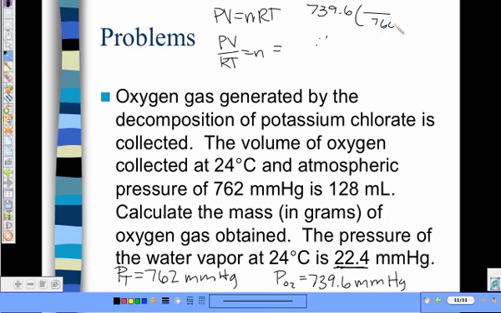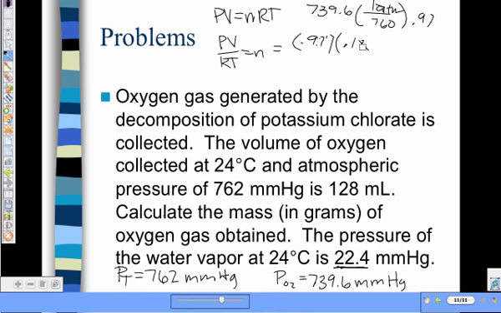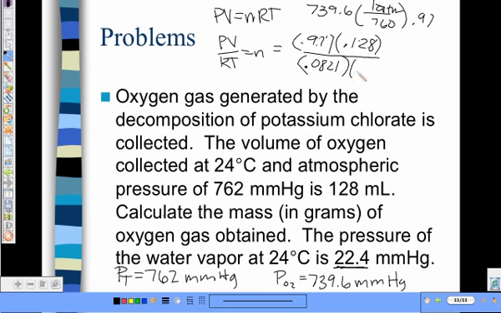Yep, divide by 760. So 0.97. So our pressure is 0.97 atm. Our volume, 0.128. We have to be in liters. Yep, whenever we use R, we have to be in liters. R is 0.0821. And then T, you have to change this to Kelvin.